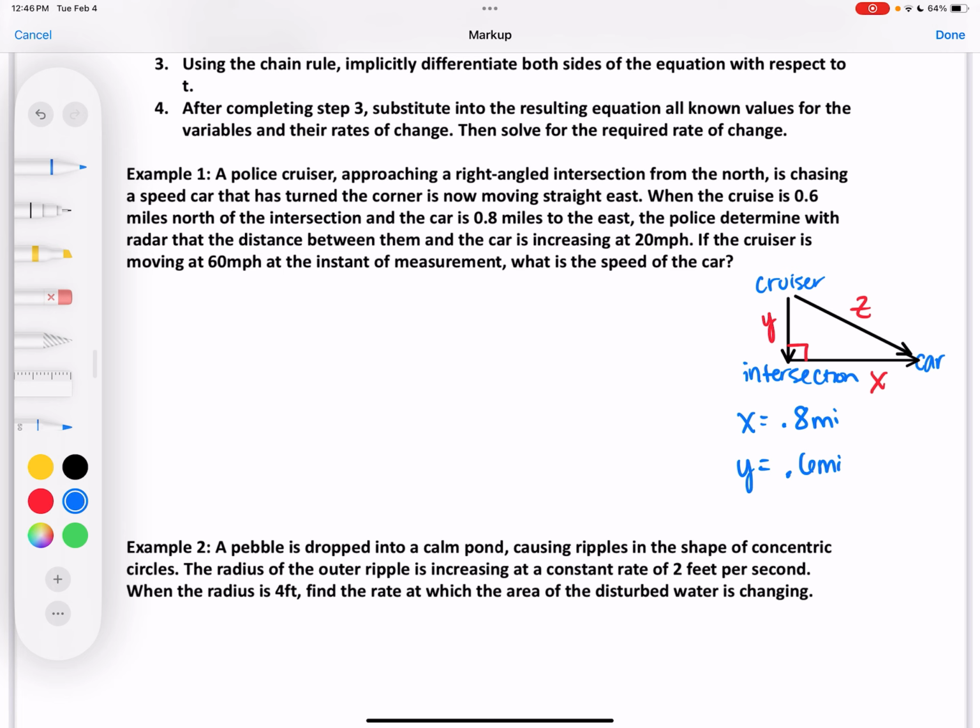And then Z, they said they determine, oh, we don't know that yet. We'll figure that out in just a second. I have a feeling it's going to be 1 mile. Yeah, it is. Because Pythagorean triple.